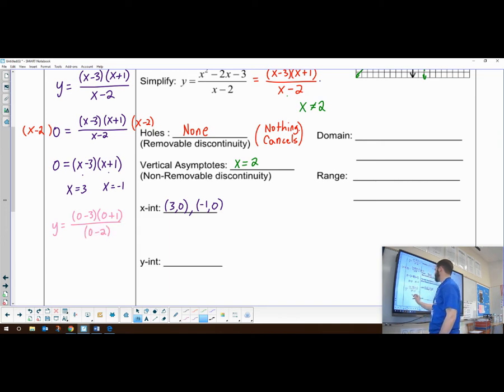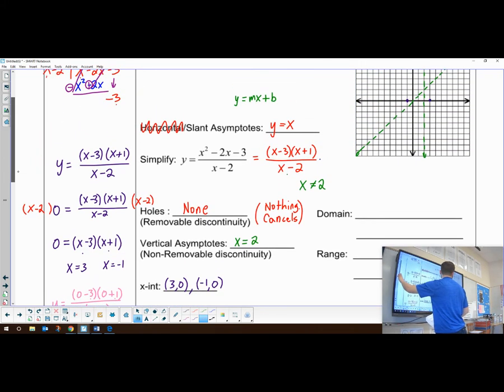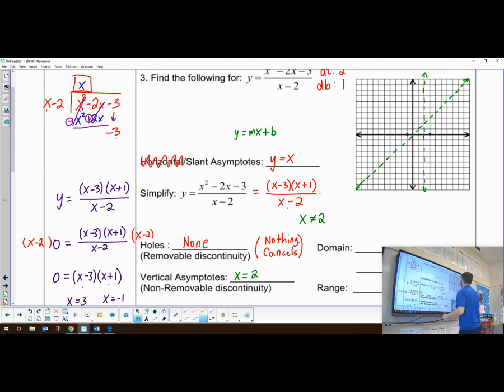To simplify this out, it's going to be negative 3 times 1, so we'll have a negative 3 on top, a negative 2 on bottom. Negative 3 divided by negative 2 makes a positive 3 over 2, or 1.5. So I'm going to have a y-intercept at 0, 1.5.